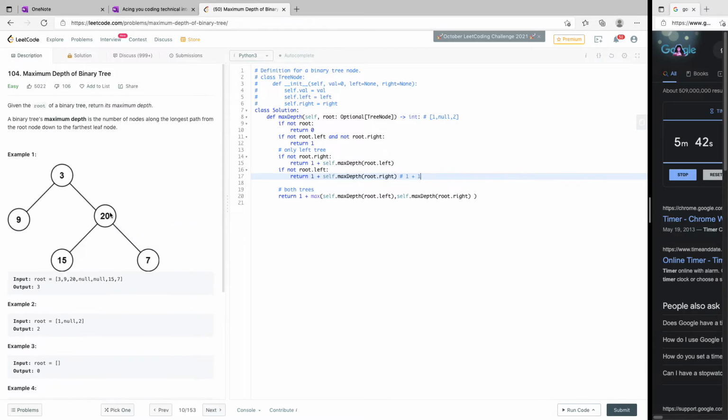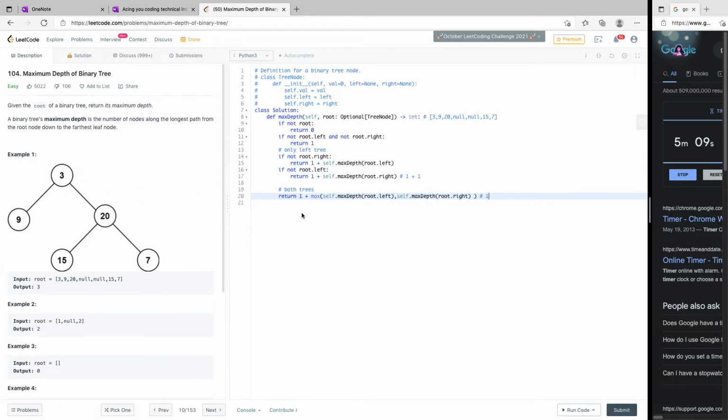So if you want to look at this one, for instance, let's see how far we can go. We take the root. If not root, that's not the case. If not left and right, that's not the case. If not right, not the case. If not left, not the case. So this is the case: at this point we already have 1, counting this root.